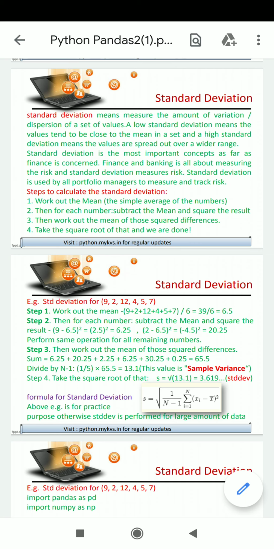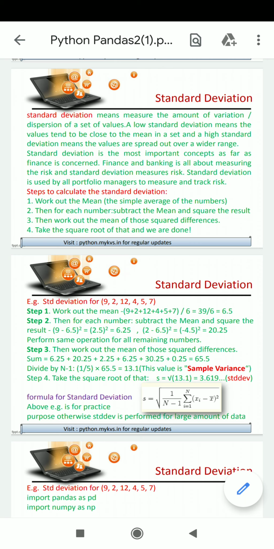Suppose we have given loans to many persons, the amount given to them is different, the interest on that amount is different, and how much is being returned by the customer who has taken the loan may differ. In this manner it may be useful. Standard deviation is used by all portfolio managers to measure and track risk.